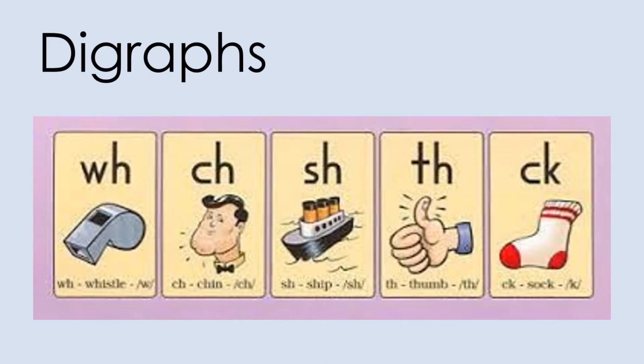First, let's review our digraphs. Remember, a digraph is two letters that make one sound, and it's a new sound. I'll say it first and you repeat. WH, whistle, wh. CH, chin, ch.